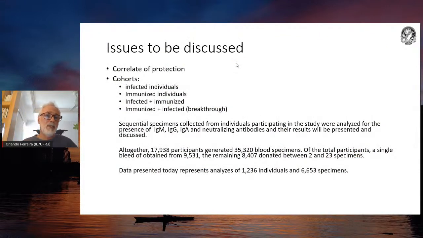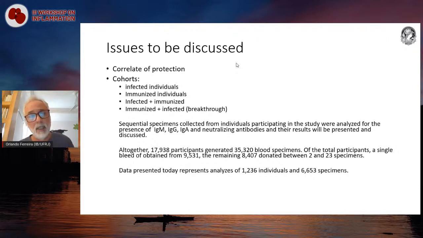So what are the issues to be discussed? First, as I said, is a correlate of protection. The cohorts that will discuss these issues will be the cohort of infected individuals that we've been following since the beginning, and this is a dead cohort because everybody now has been vaccinated or immunized.